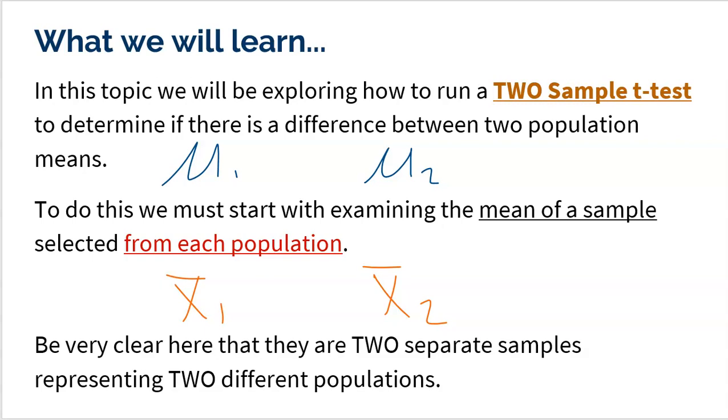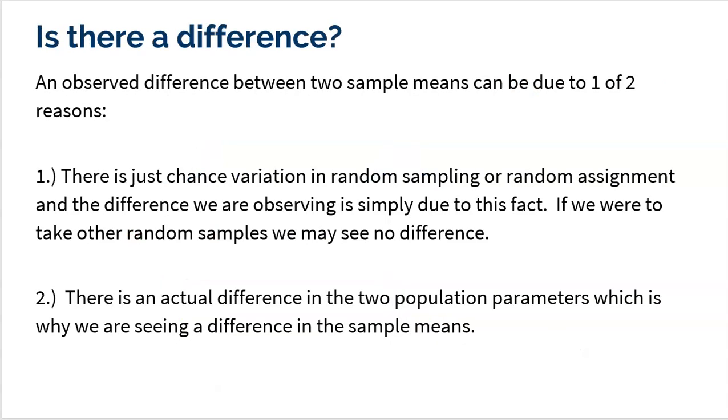Now, the whole point of topics 7.8 and 7.9 is to ask ourselves, okay, is there a difference between these two populations? To explain how we're going to tackle this, I really need you to understand this first and foremost. Anytime you have a mean from one sample and a mean from a second sample, these two numbers are going to be different.